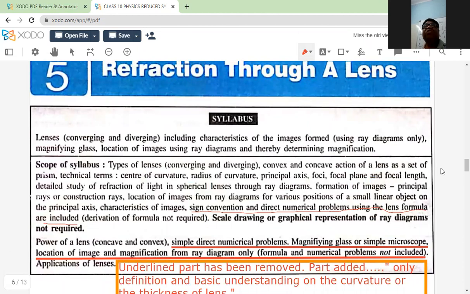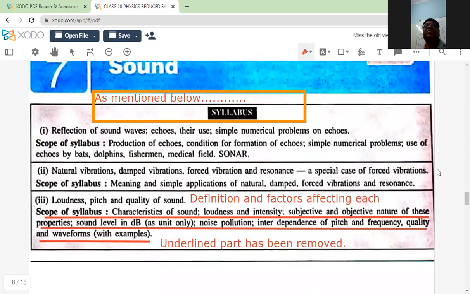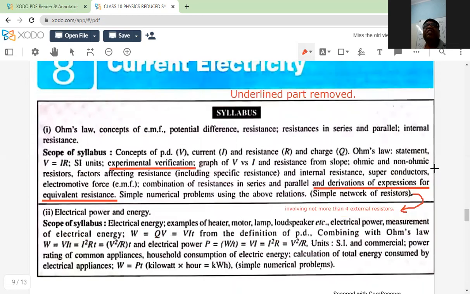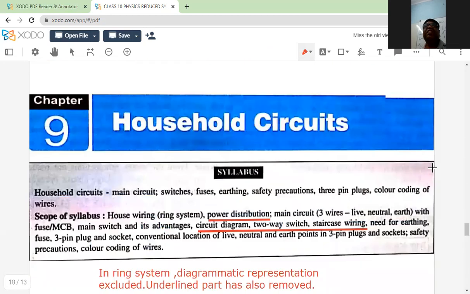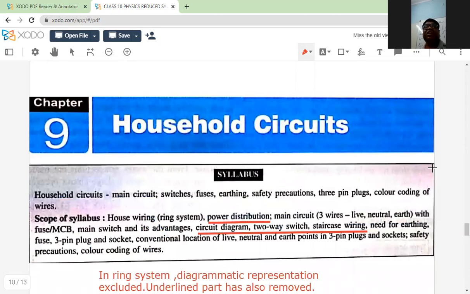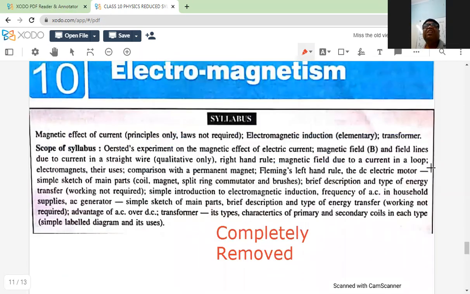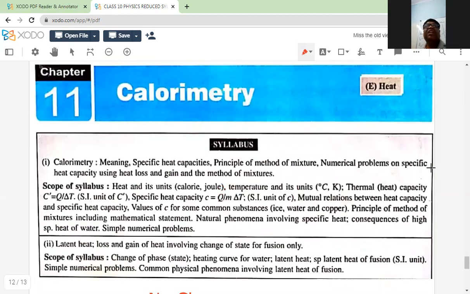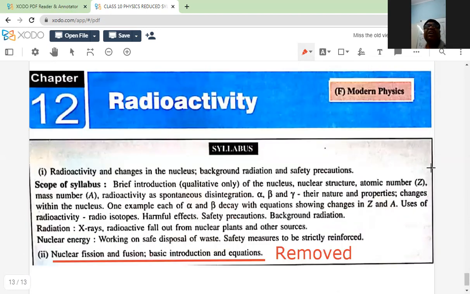Chapter 5. Chapter 6. Chapter 7. Chapter 8. Chapter 9. Chapter 10. Chapter 11. And this is the last chapter.